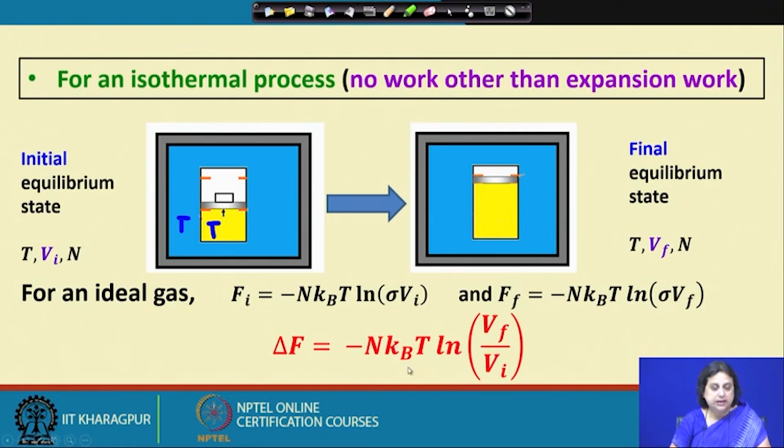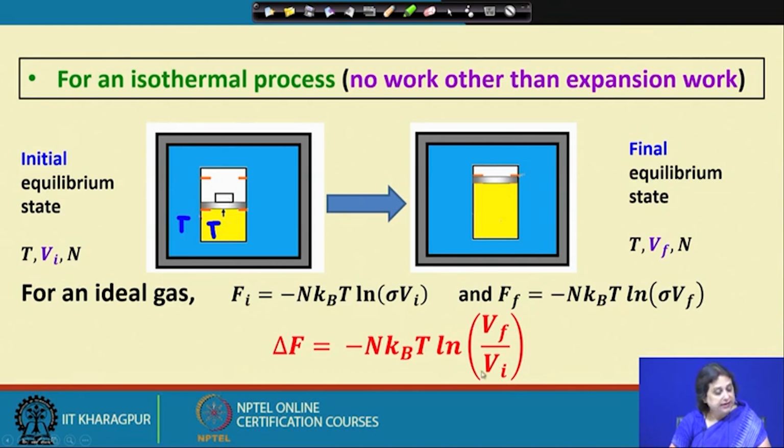Here kB is the Boltzmann constant, and T is the constant temperature under which this process is occurring. As you see, under the given condition the gas is going to expand provided the initial condition is such that upon withdrawal of the excess pressure, Vf becomes greater than Vi.